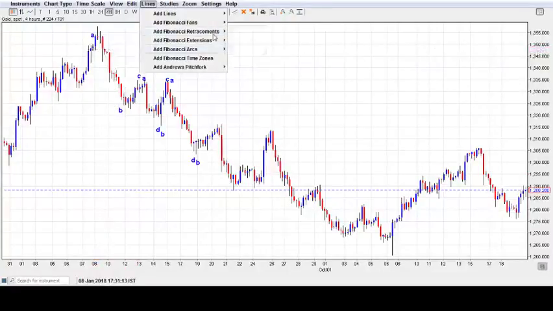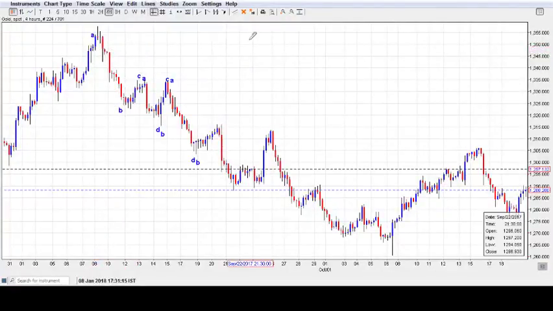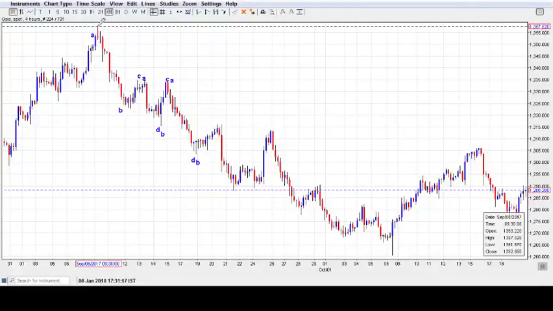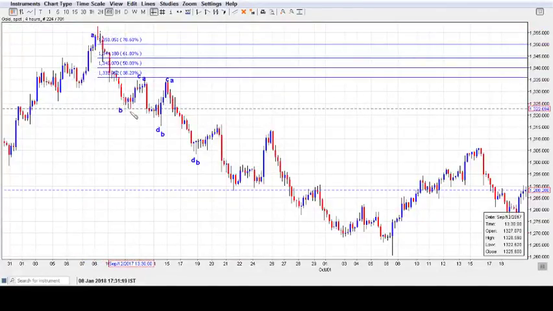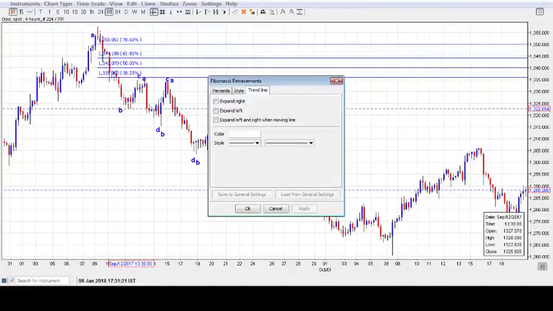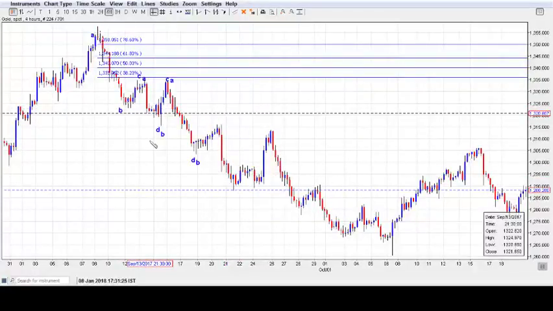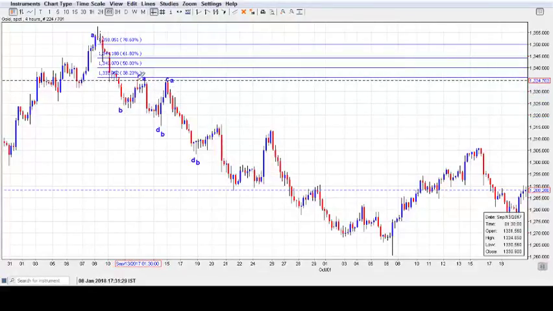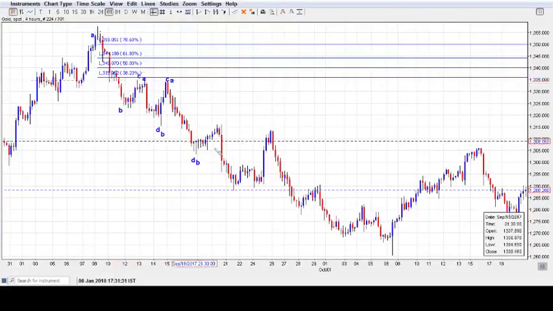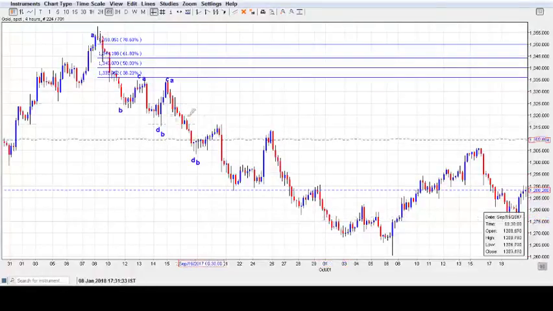Once you have the AB boundary, the first one in your hand, you can always spread your Fibonacci ratios. For the retracements, please remember the retracements are for the entry points where we are plotting your C, all right, and extensions are for the exit points.